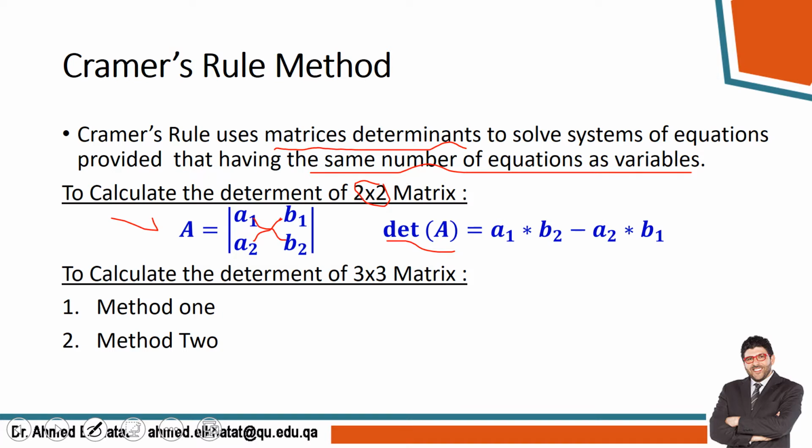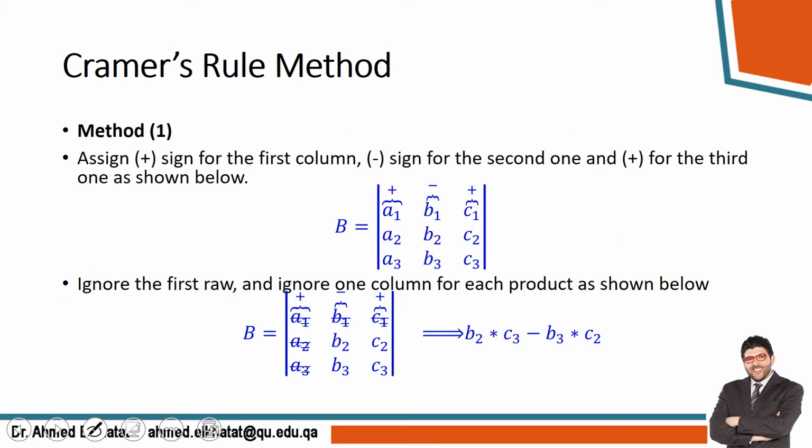It will be a little bit more complicated for a 3 by 3 matrix, and here we have two common methods. You can use either one according to your convenience. In method 1, if you have a 3 by 3 matrix, the first step is to put the following signs: the first column plus, the second column minus, the third column plus.